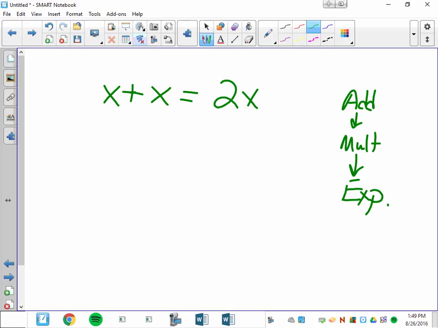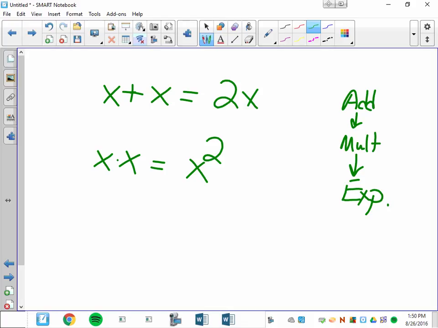What about x times x? X squared. And this is a really common mistake in all levels of mathematics, is people get their addition and their multiplication mixed up. And really, it's all addition, right? Multiplication is just addition, and we can turn multiplication into exponents. So really, everything is addition. There are just different levels of addition.